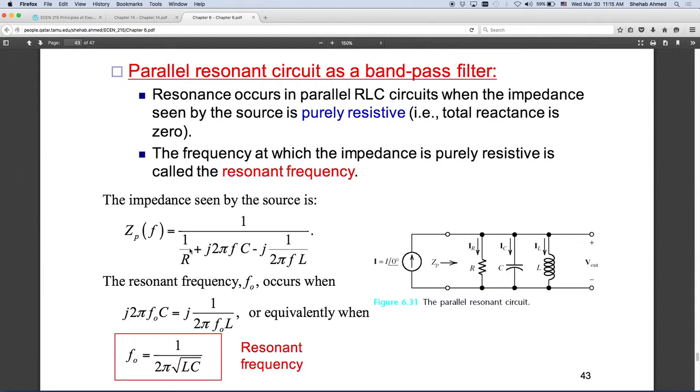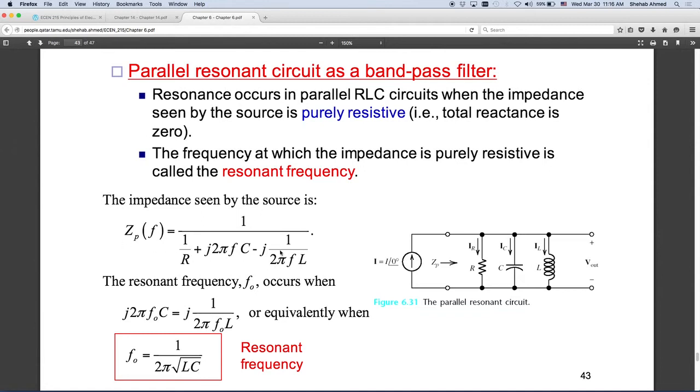So 1 over Z equivalent is 1 over R, plus 1 over 1 over j omega C, plus 1 over j omega L, which goes up with a minus sign, and we're left with this in the denominator. So this is my impedance.